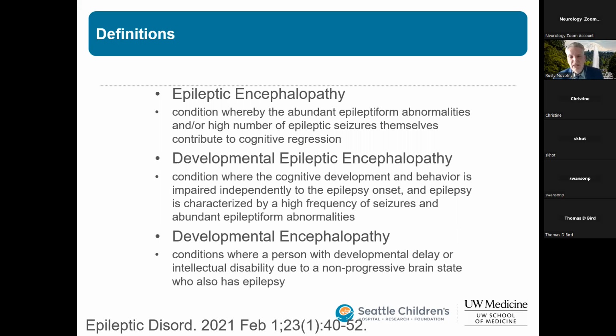And a developmental epileptic encephalopathy is a condition where cognitive and developmental problems are impaired independent of the epilepsy onset. And the epilepsy is often characterized by high frequency seizures and abundant epileptiform abnormalities on EEG.